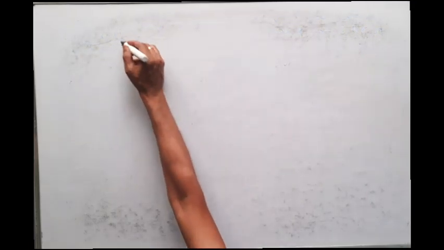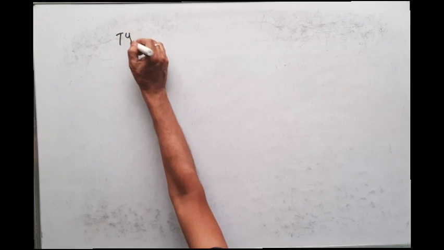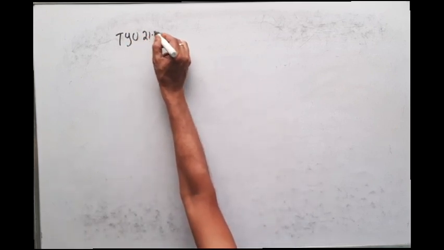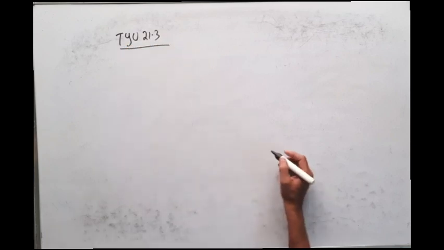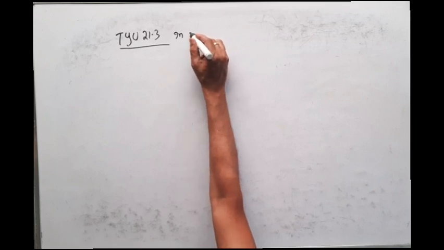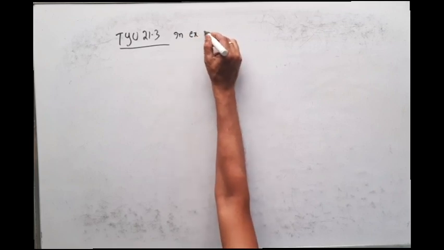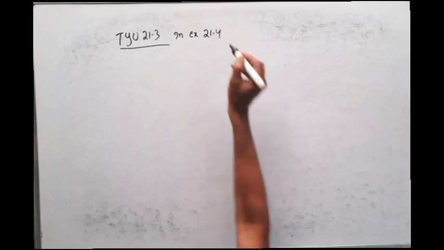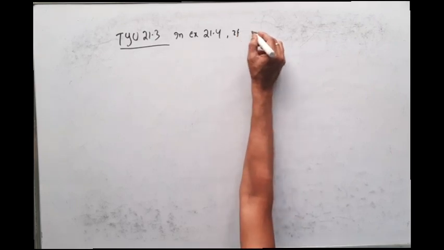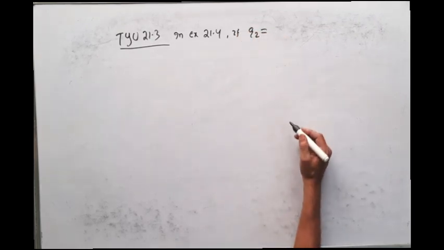Now immediately we will solve test your understanding 21.3. Test your understanding 21.3. Just in the last example, in example 21.4, if Q2 charge, initially Q2 charge was what? 2 microcoulomb.